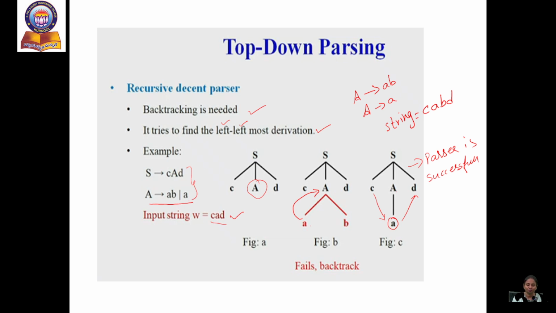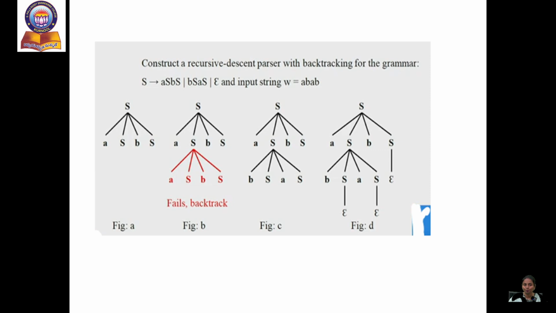Here it fails to obtain the string, backtracks, and goes for the next production, substituting A in the place of non-terminal A. Now CAD is the string the user needs, and this parse tree has successfully got the string CAD. So this is about the recursive descent parser.